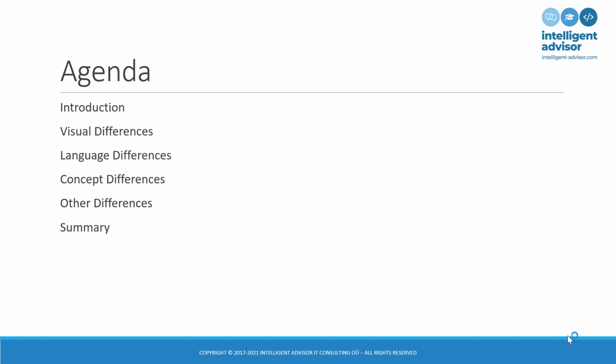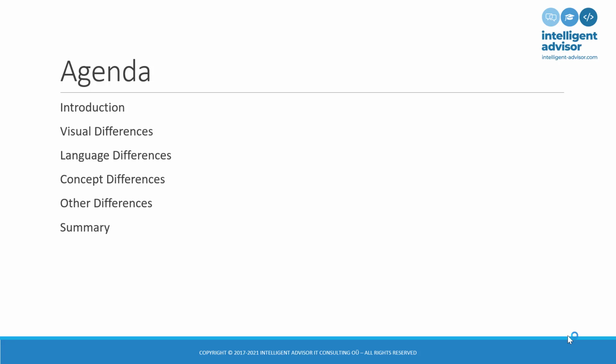We'll begin in just a moment by stating a couple of important introductory points. Then we'll break down the big picture differences into 4 categories. Visual differences, so user interface or other cosmetic changes. Language differences, specifically changes to how we write rules.